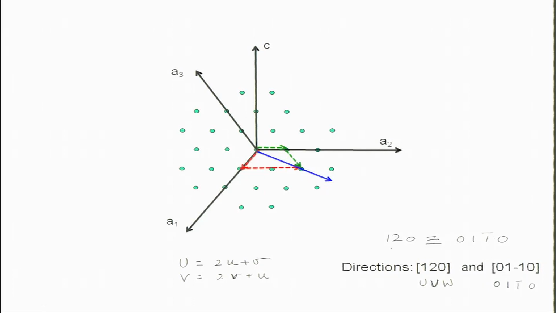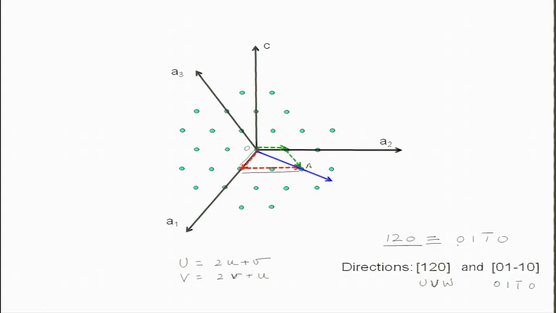So, in the first case, this is 1 2 0, 1 along A1, 2 along A2. So, I move from O to A. In the second case, I convert this into the 4 axis system. So now 1 2 0 becomes 0 1 bar 1 0.